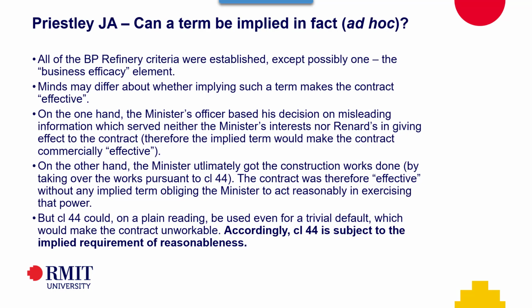On the one hand, the minister's officer based his decision on misleading information which served neither the minister's interests nor Renard's in giving effect to the contract. So the implied term would make the contract commercially effective. On the other hand, the minister ultimately got the construction works done by taking over the works under the clause. The contract was therefore effective without any implied term obliging the minister to act reasonably in exercising that power.